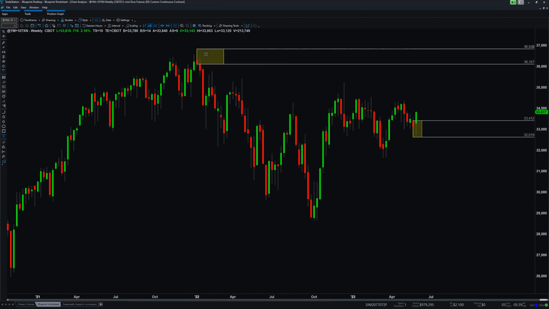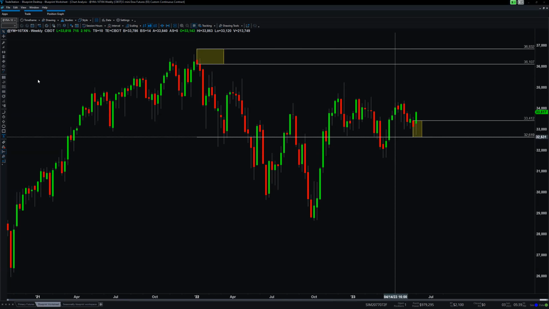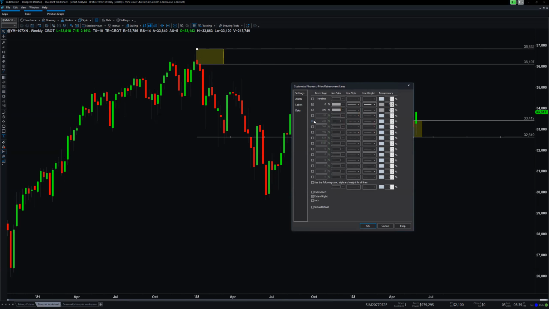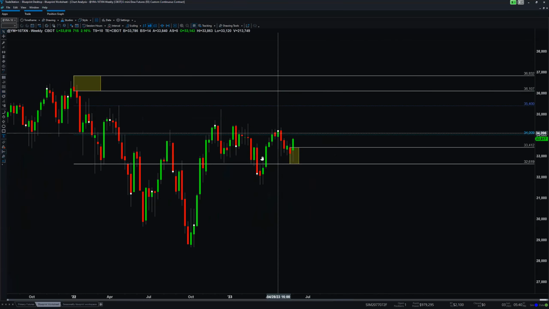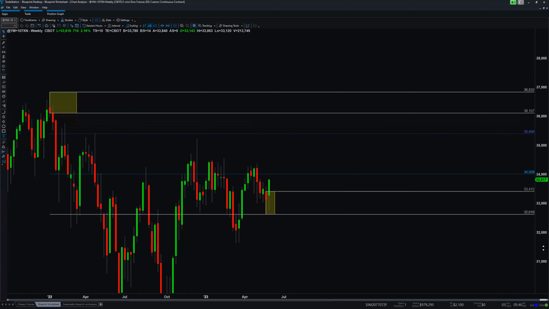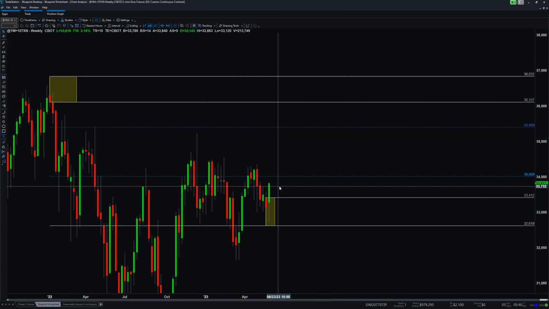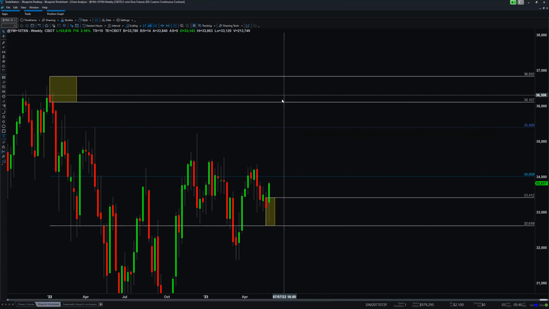I'm going to divide this now into 33 and 66. And now I have my different location areas, from very low to equilibrium to high to very high.